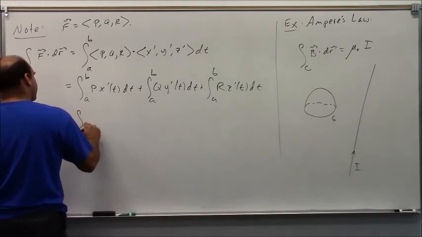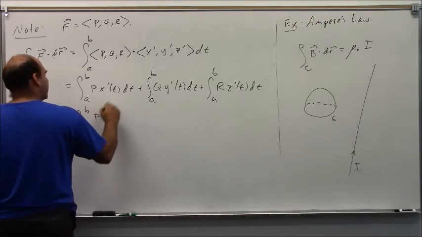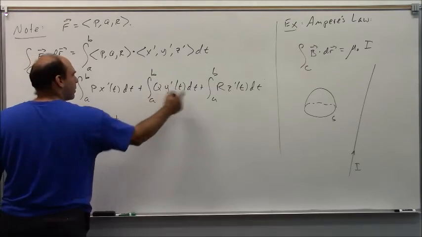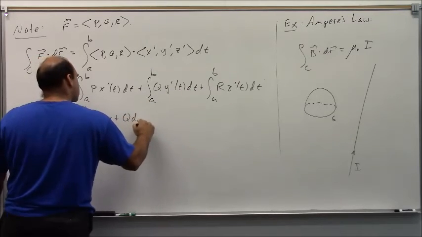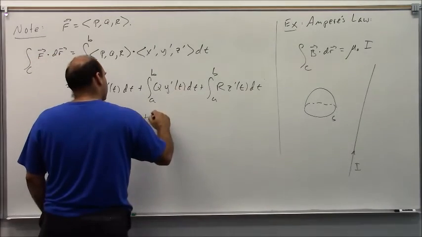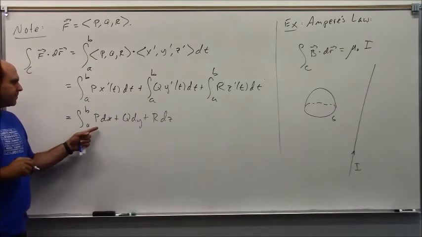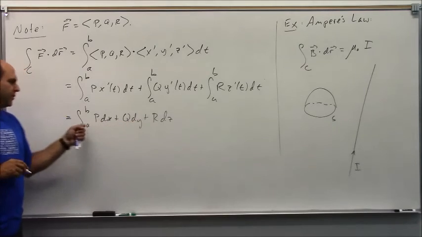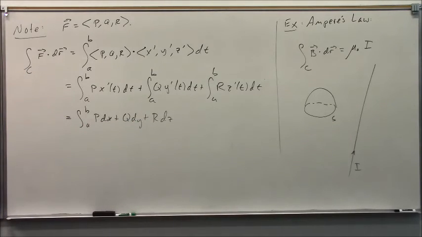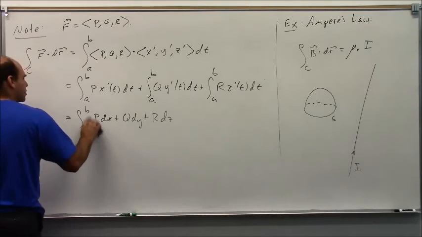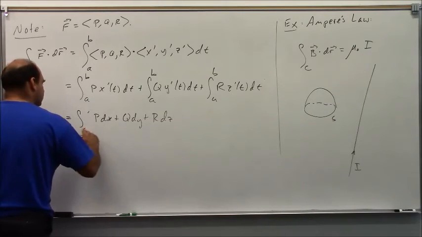So this is going to be the path integral from a to b of P dx plus Q dy plus R dz, where I'm using this convention again that when I have the dx, dy, dz with a single integral, it really means that there are three integrals going on. Oh, and I should change this back to a C now, actually.